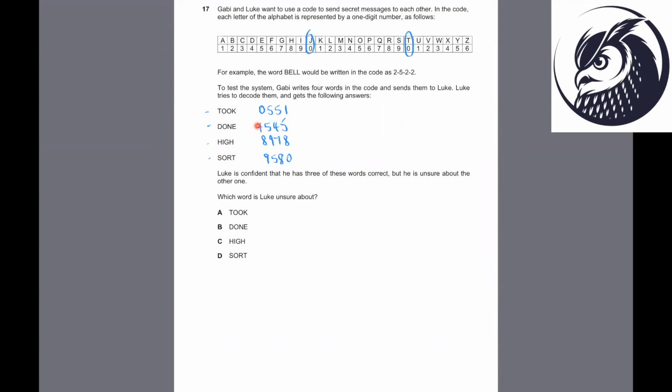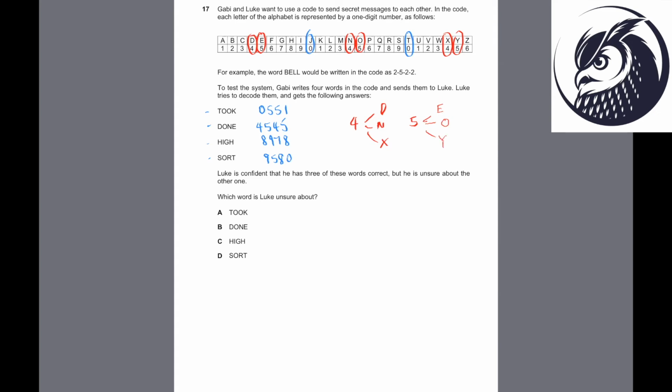And I'm going to do that in red, guys. So 4 could be D. It could be N, but it also could be X. And just for example's sake, let's also look at 5. 5 could be E. It could be O. It could be Y. So you can see that the number 4 could represent D, N, or X. The number 5 could also represent 3 different letters: E, O, and Y.